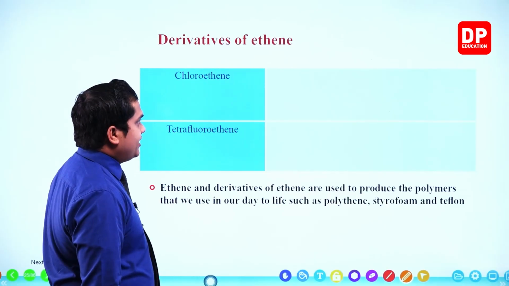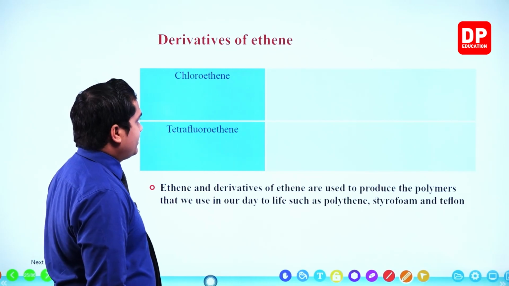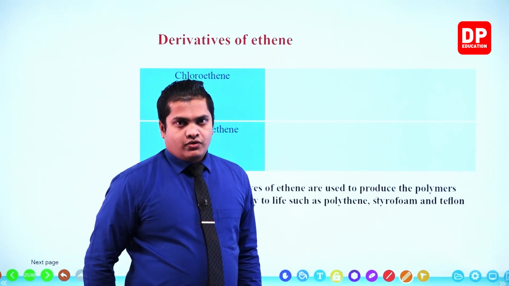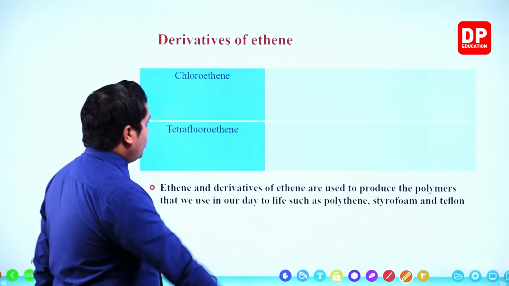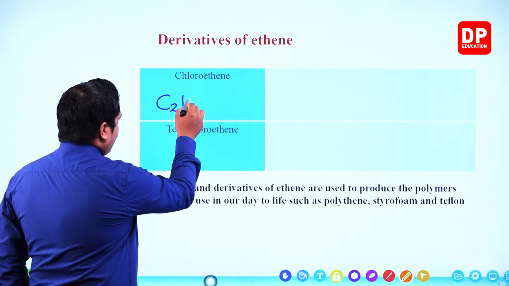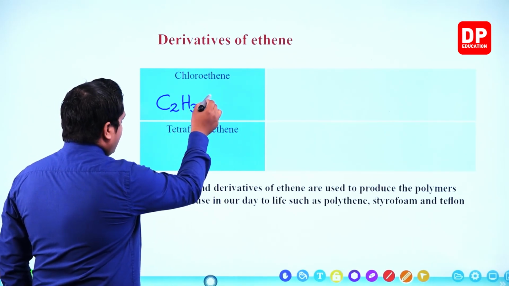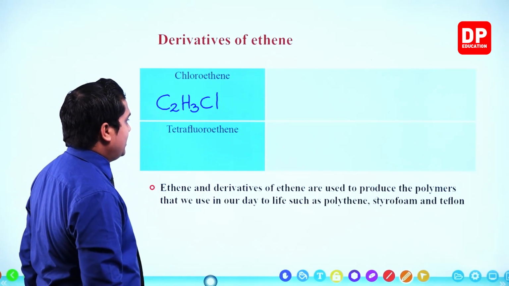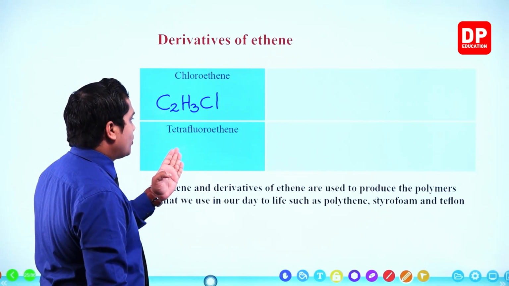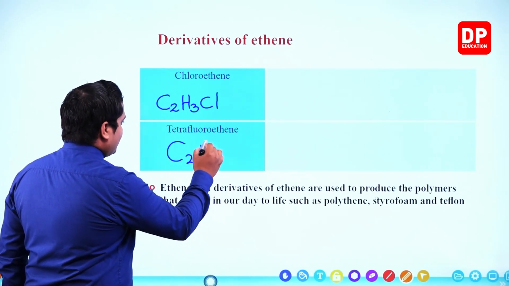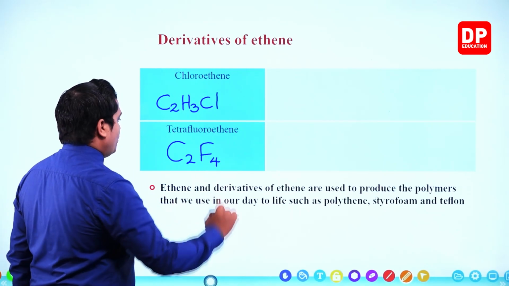So we have studied two derivatives of ethene. Number one, chloroethene. What is the chemical formula for chloroethene, my dear children? C2H3 and 1 Cl atom, C2H3Cl. Then tetrafluoroethene, very simple, C2F4.